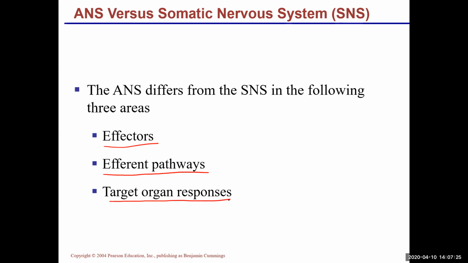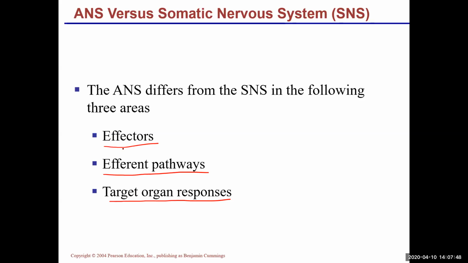What does it do to the organs? Yes, the effectors are different, but what does it do to them? Does it increase? Does it decrease? Does more contraction, let's say on the heart, occur, or less contraction? What is happening? That's a little different in the somatic nervous system compared to the autonomic nervous system.